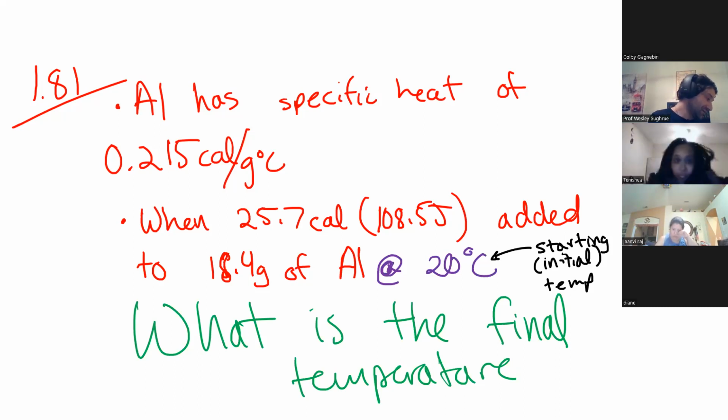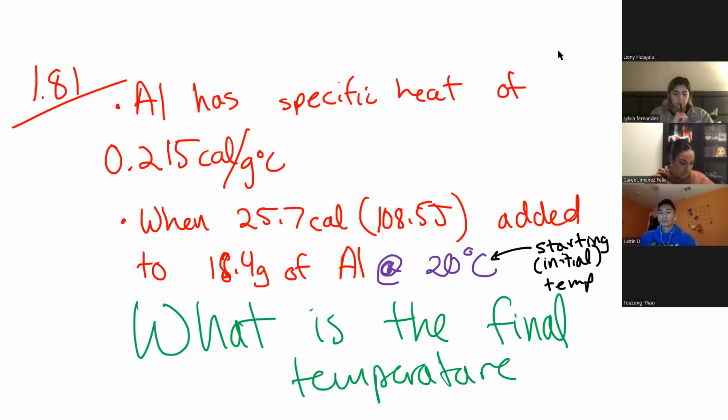Does anyone know where we would start with this question? Well, a good place to start is identifying the information available to you. Okay, so does anyone need more time with this slide?